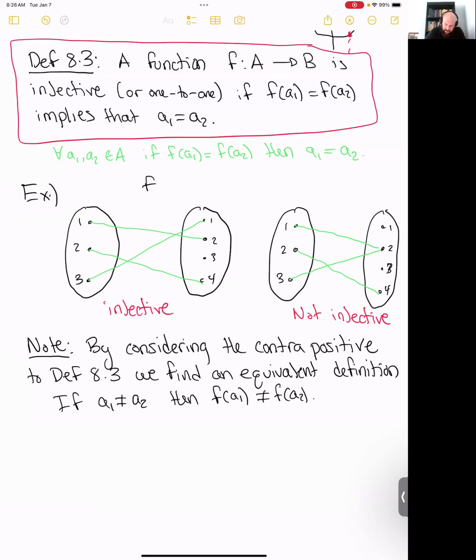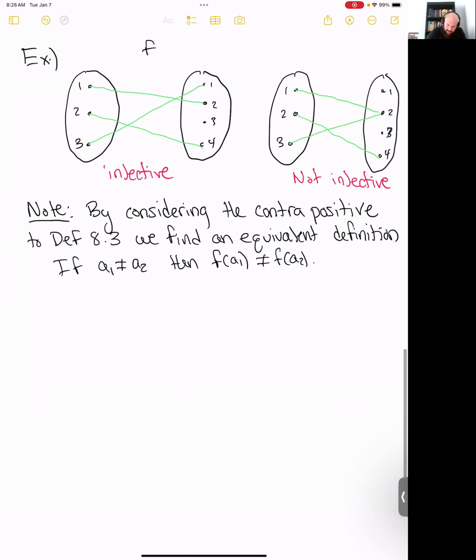Okay, so what else are important things to define about functions? Well, the other thing that we often want to define is what's called the surjection or onto.